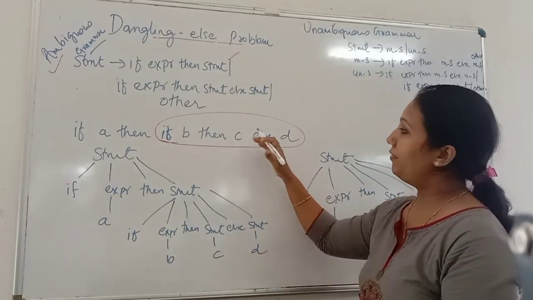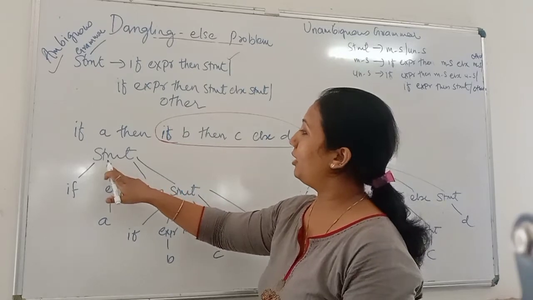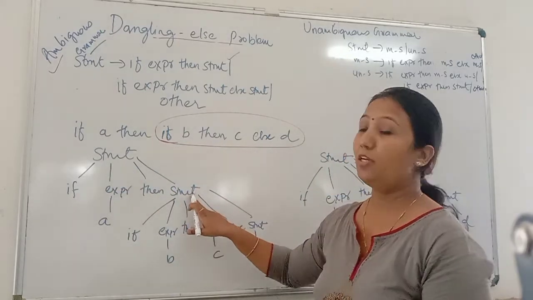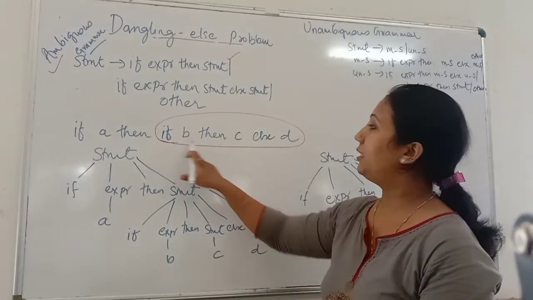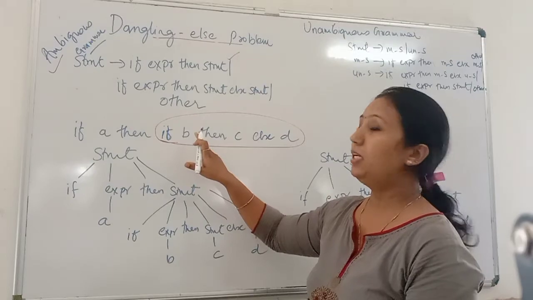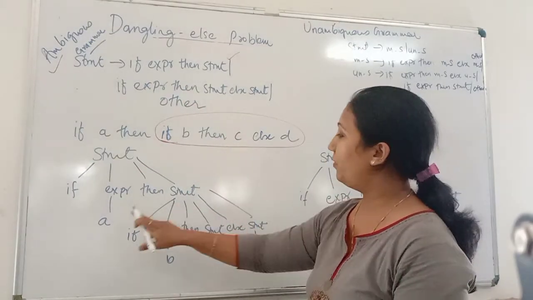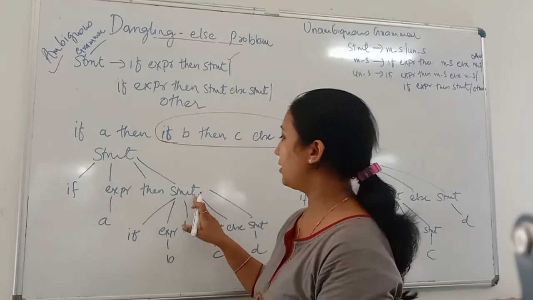So we get this tree: statement goes to if expression then statement. This is the first option, where we have considered this part of the statement in the then part.